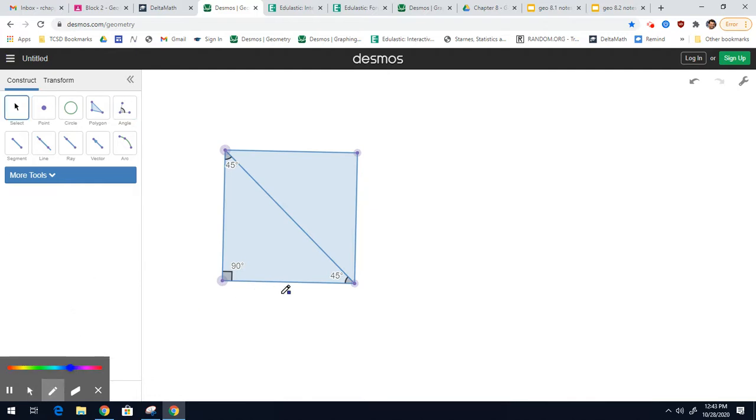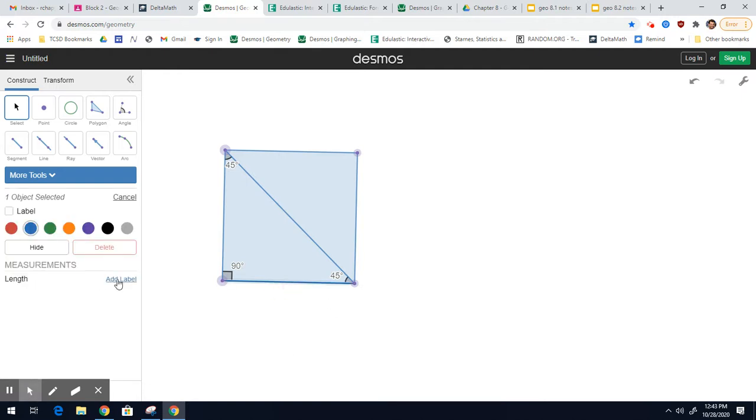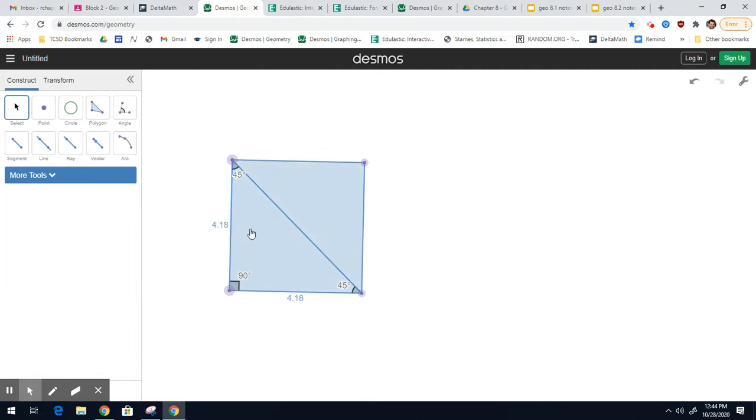So these two outside lengths should be the same. If we label that, 4.18, 4.18. So they are the same. And then the length of your diagonal has a special relationship with these two sides.